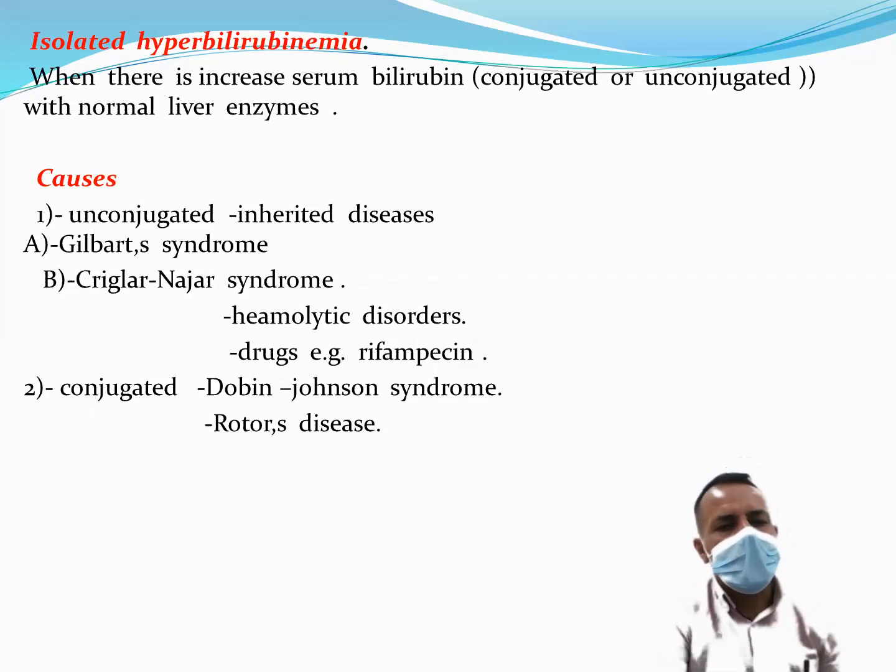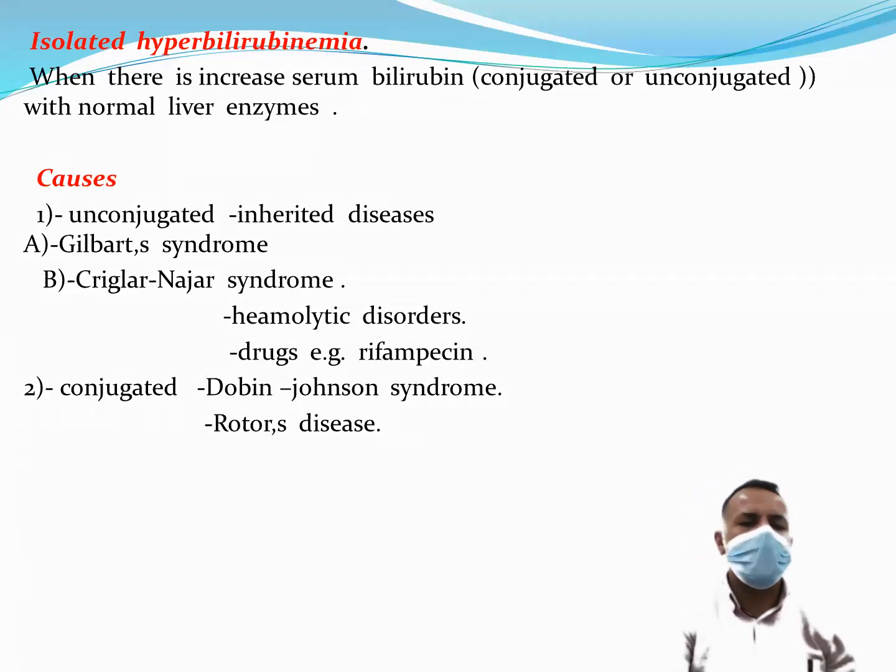This is an inherited disease due to enzyme deficit, leading to unconjugated hyperbilirubinemia. The other is conjugated. Examples of inherited disease here are Dubin-Johnson syndrome and Rotor disease, leading to conjugated hyperbilirubinemia.